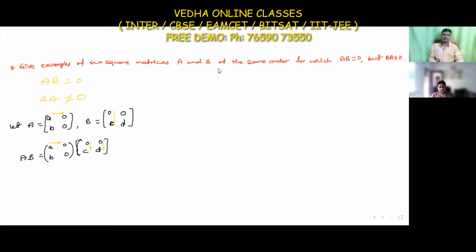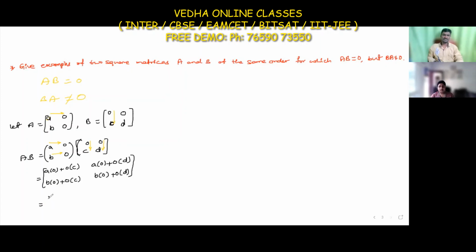So this is a into 0 plus 0 into c, a into 0 plus 0 into d. Now take the second row: b into 0 plus 0 into c, b into 0 plus 0 into d.